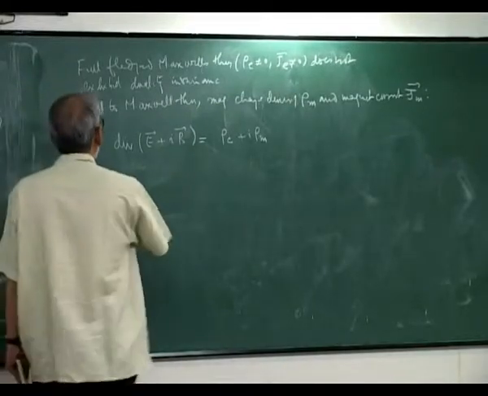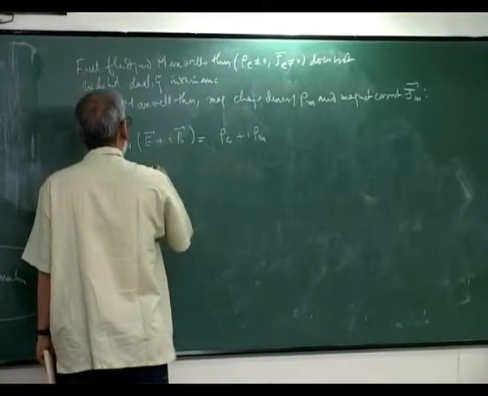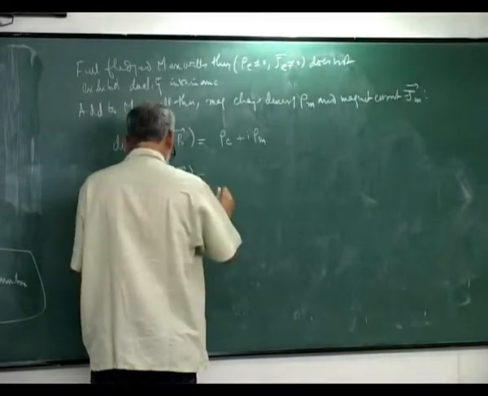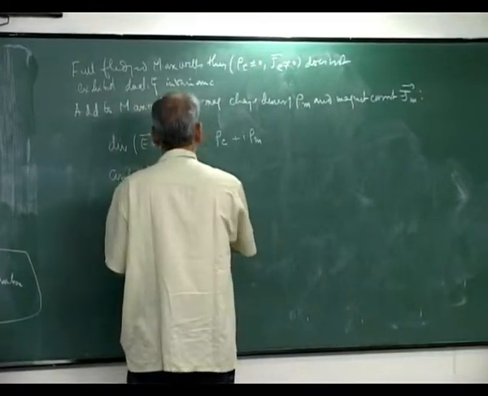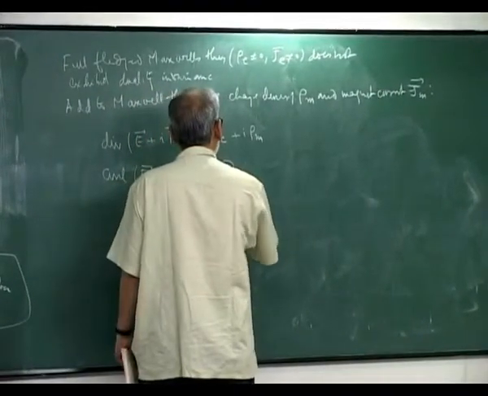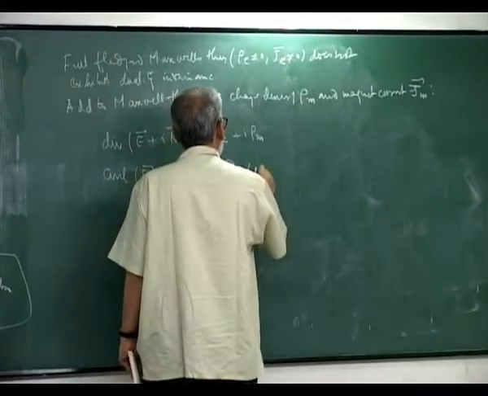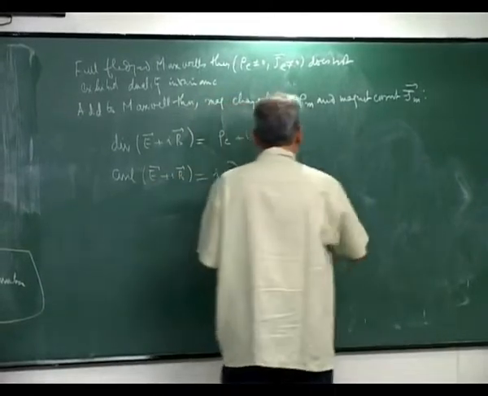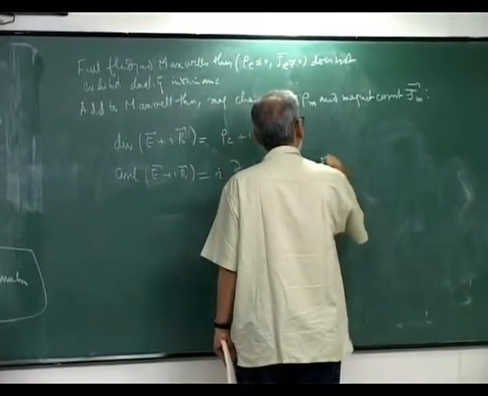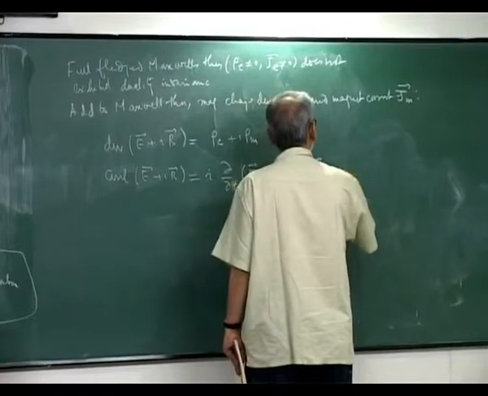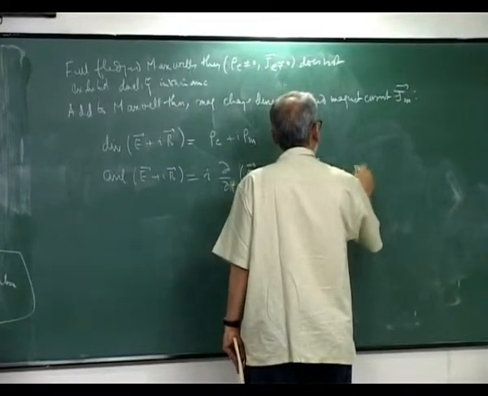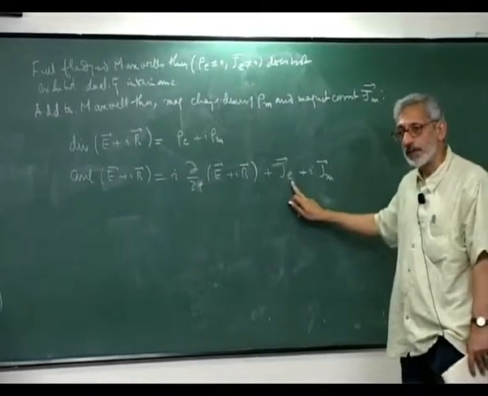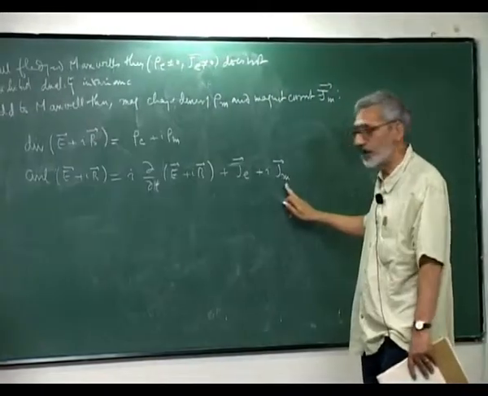And the second equation was curl of E plus iB equal to d by dt of E plus iB, with the electric current and magnetic current.